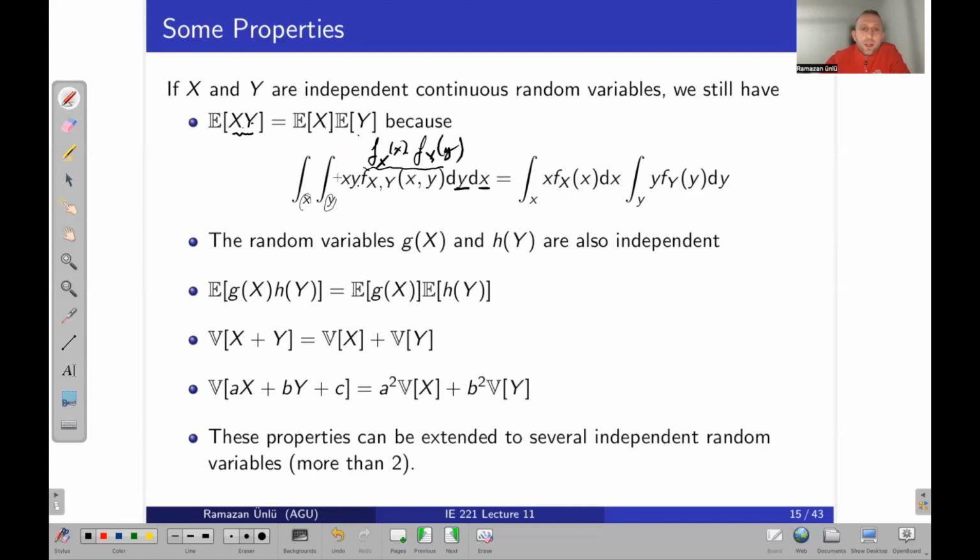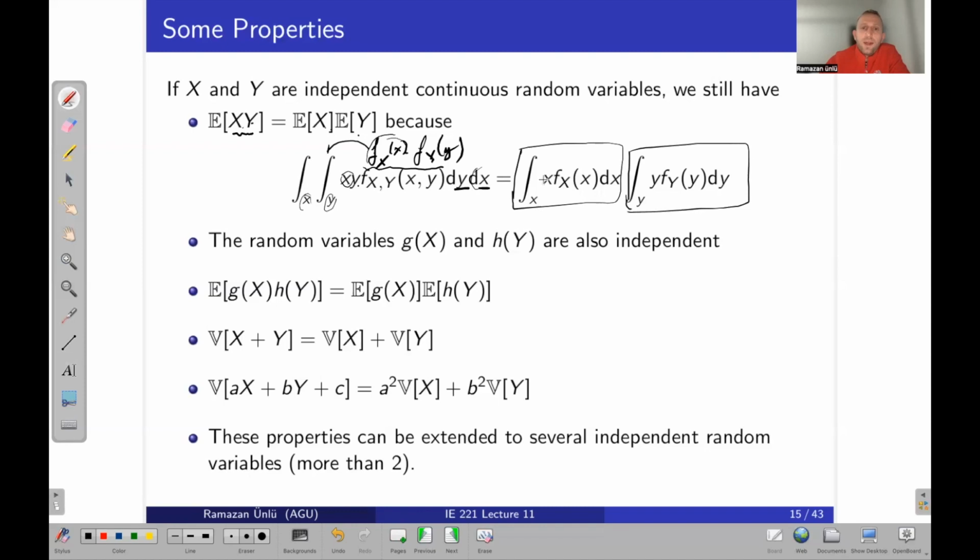For the first integration, this X and this f of X do not depend on Y, so they can go outside the integration over Y, and also dx. So this will create the first part, and the remaining will create the second part.